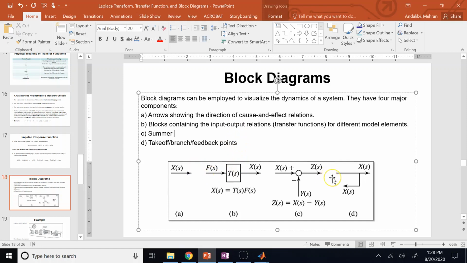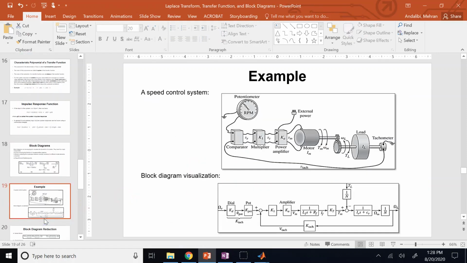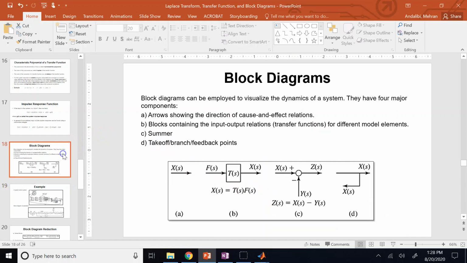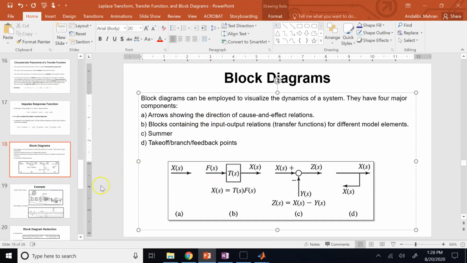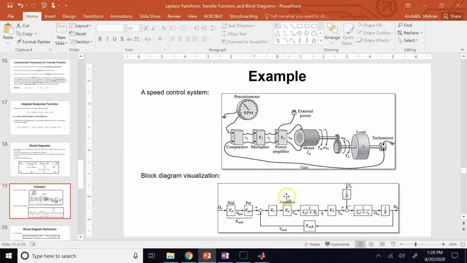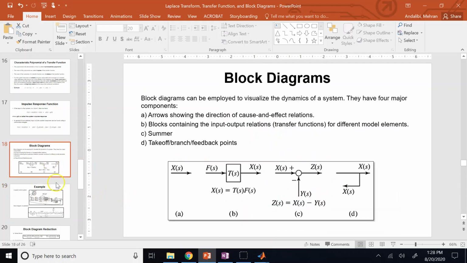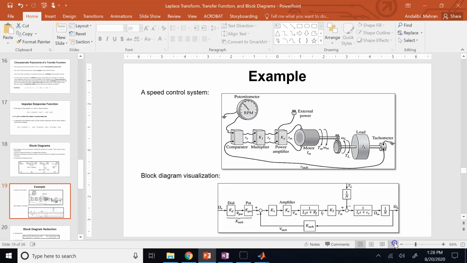So all of this can happen in a physical system, like a speed controller system. Let's see how we can present the physical system using this method of block diagram, where you replace each portion of the system with a block or summer or branches, and you visualize how the system is behaving, right?